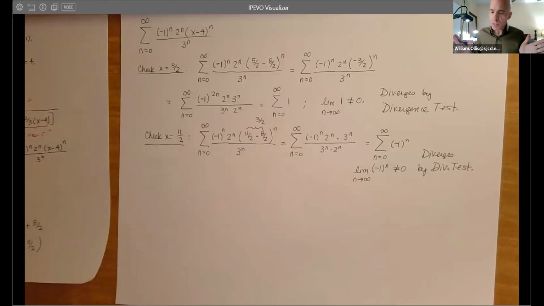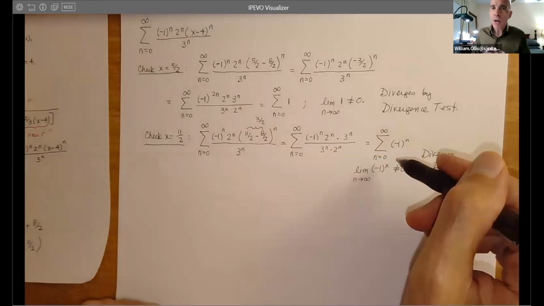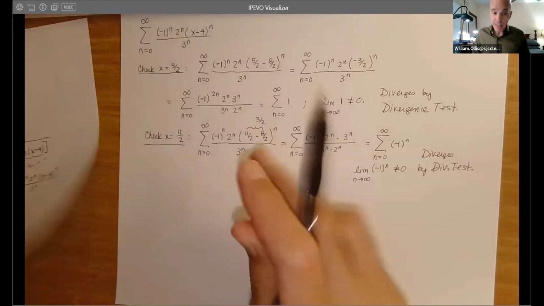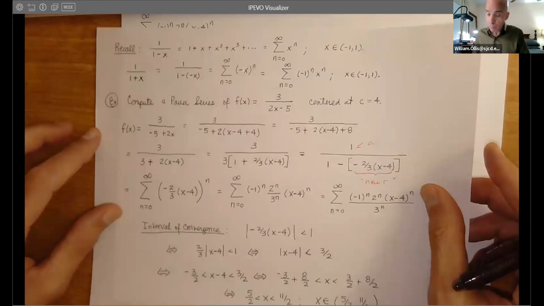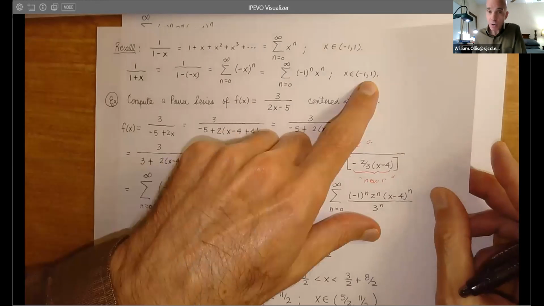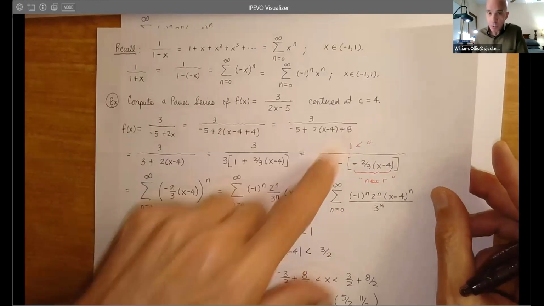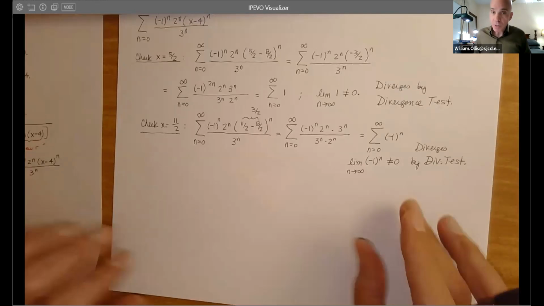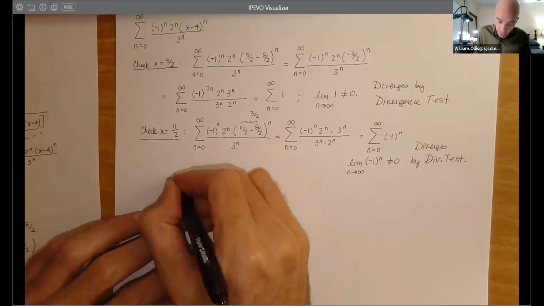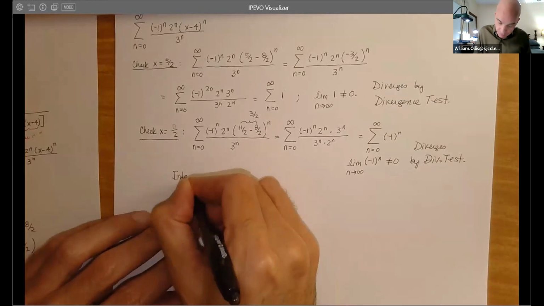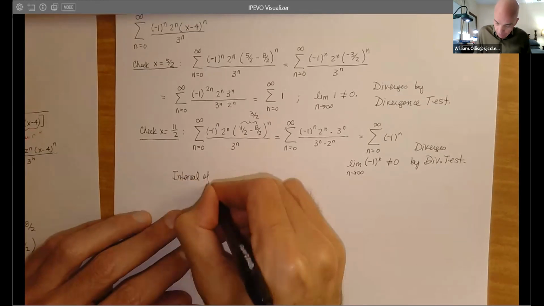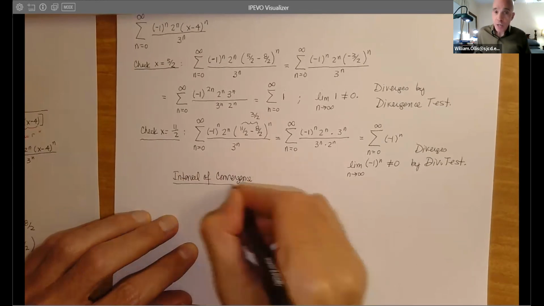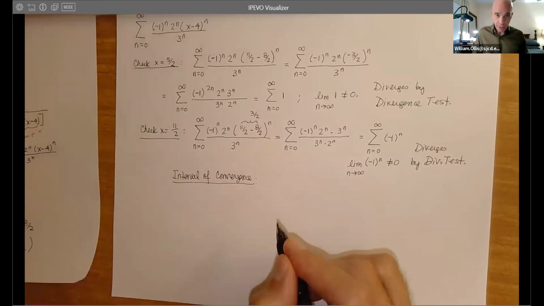Now, everybody, what does this tell us? Well, after you do all of this work, you're thinking, well, this technique didn't give us anything new. I mean, we pretty much knew that we're stuck without the endpoints here. And by doing this technique without any calculus involved, we didn't include the endpoints. So now we see the interval of convergence is unchanged from what we found initially.